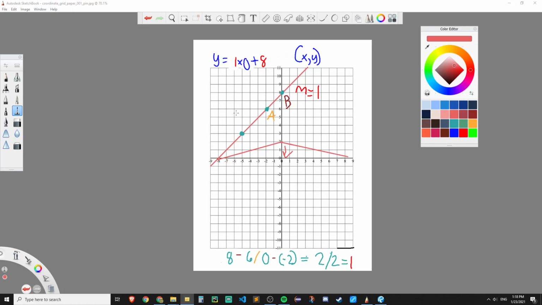So that's why 1 over 0 would be undefined. And the negative slope is this line right here. Because minus 1, 1, 2, 3, 4. So minus 1 over 4.